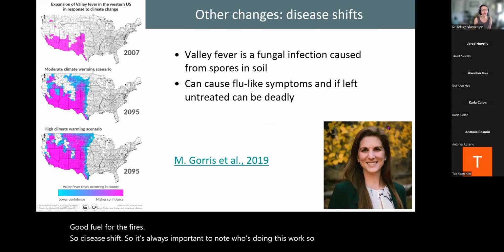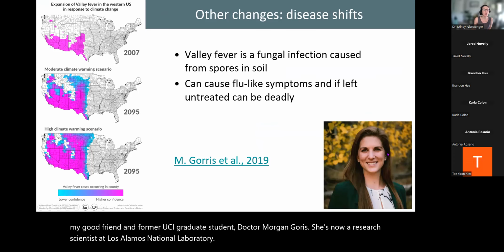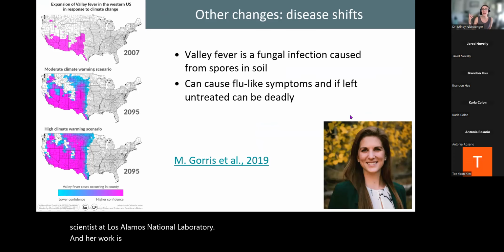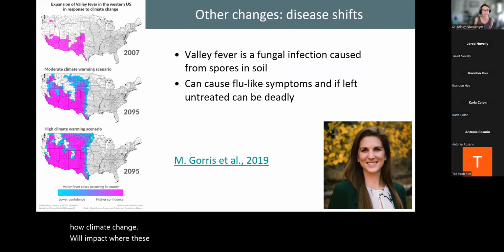So I want to highlight my good friend and former UCI graduate student, Dr. Morgan Goris. She's now a research scientist at Los Alamos National Laboratory. And her work is focused on looking at these disease spreads, where they're changing, and how climate change will impact where these diseases are going.